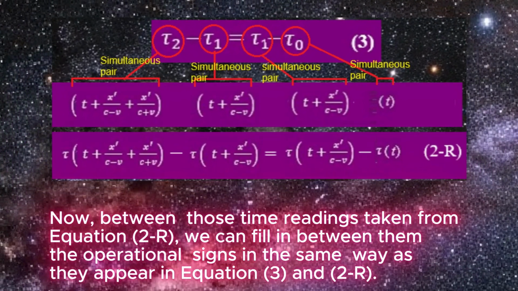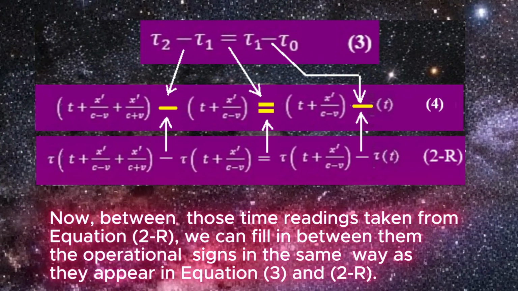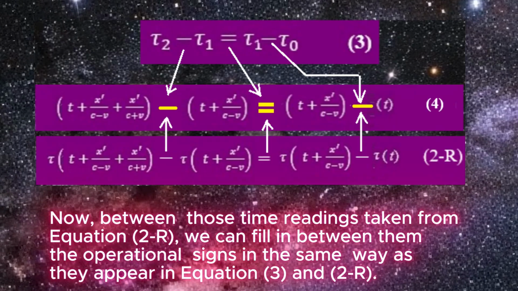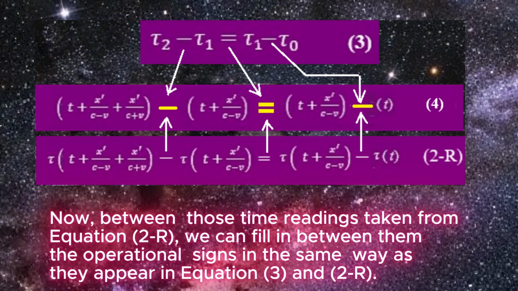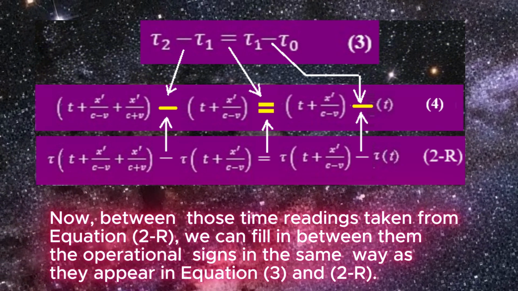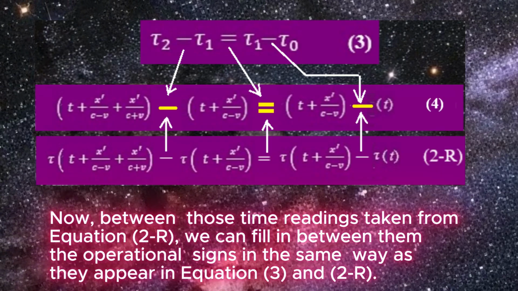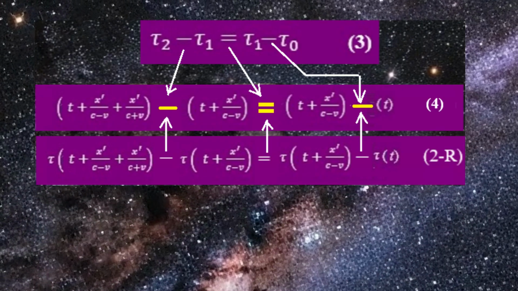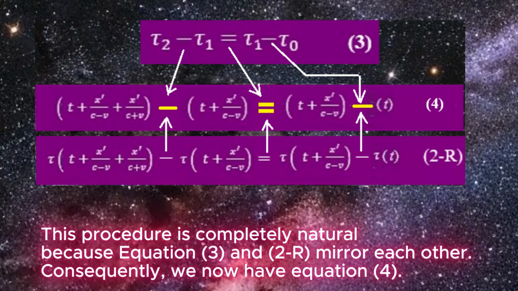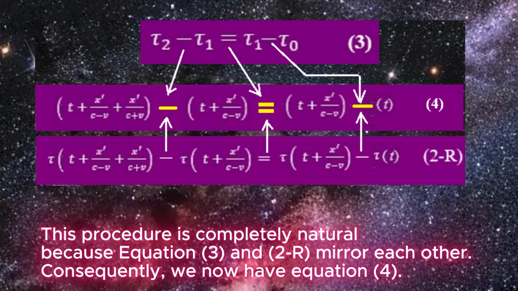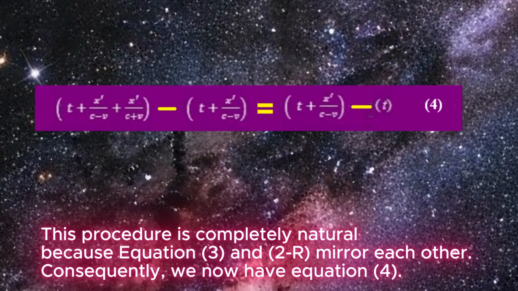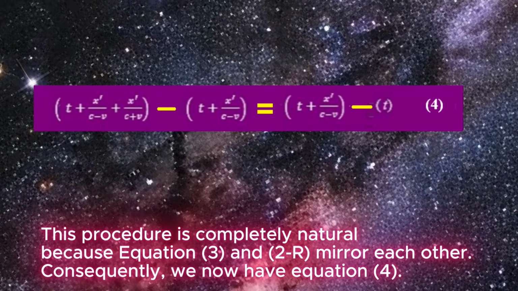Now, between those time readings taken from equation 2-r, we can fill in the operational signs in the same way as they appear in equation 3 and 2-r. This procedure is completely natural because equation 3 and 2-r mirror each other. Consequently, we now have equation 4.